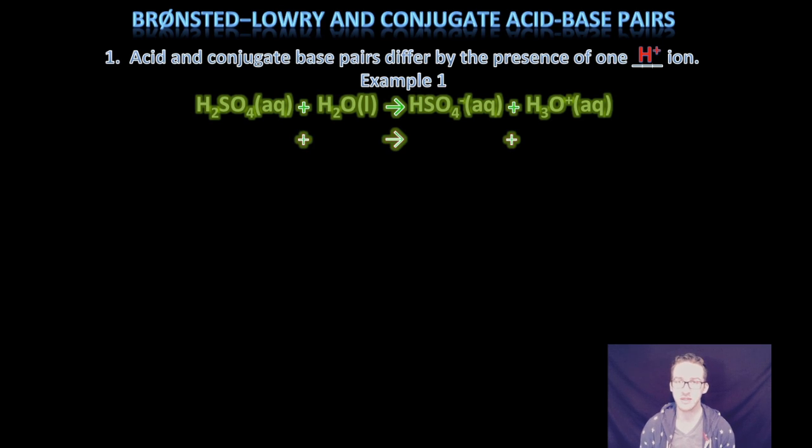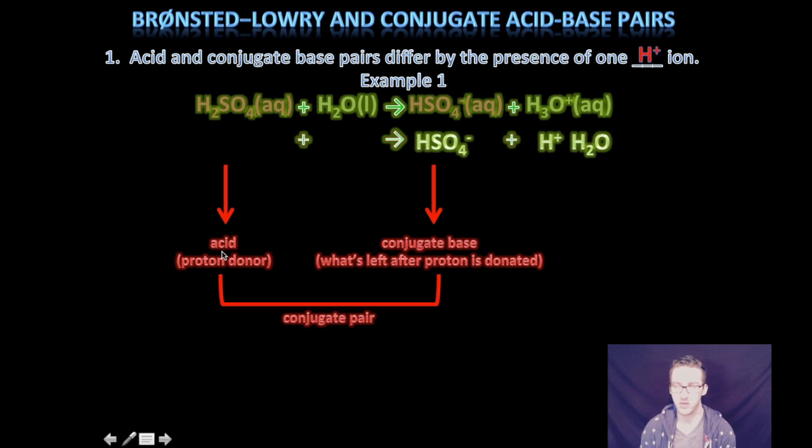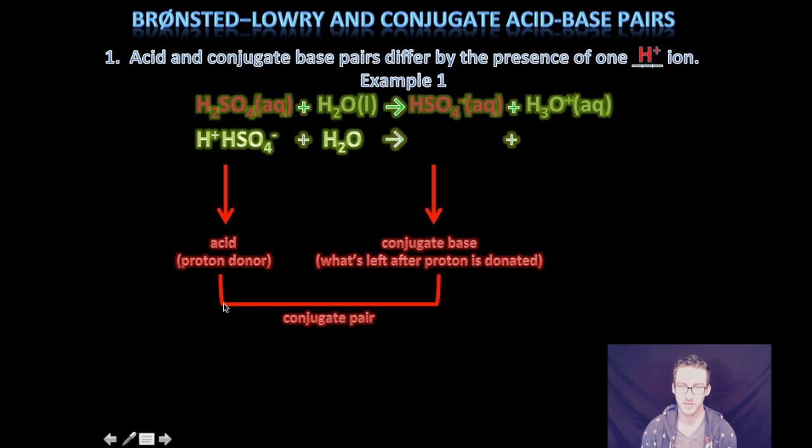So as you take a look at the example that you've got in your notes, we are only going to look at this in the forward direction, and we'll talk about why later. But recognize that in this example, in the forward direction, this thing, which is sulfuric acid, is going to act as an acid or a proton donor. Its conjugate base is what is left over after the proton has been donated.